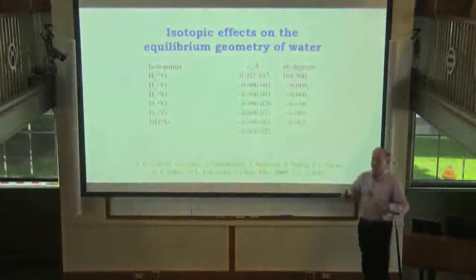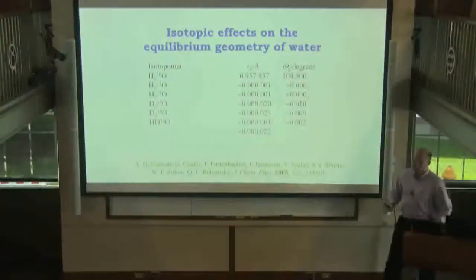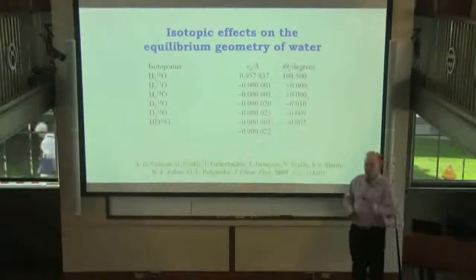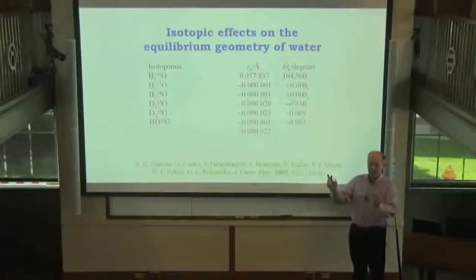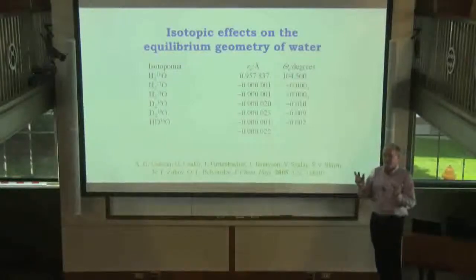So one question is, I was talking about isotope-dependent potential energy surfaces, isotope-dependent structural parameters. Now most chemists would learn that the OH bond length is different from the OD bond length. Okay, that's sort of known. Now this is just half of the truth.